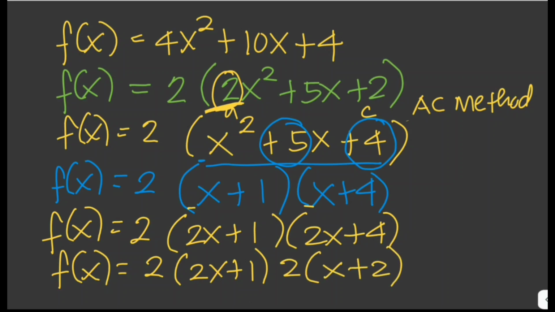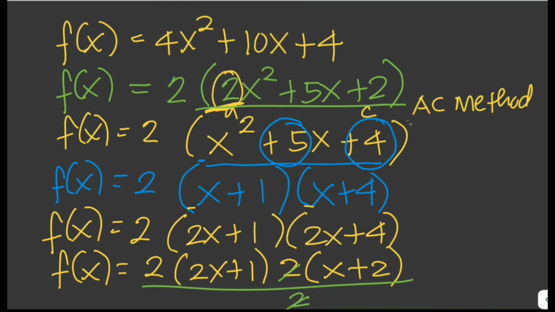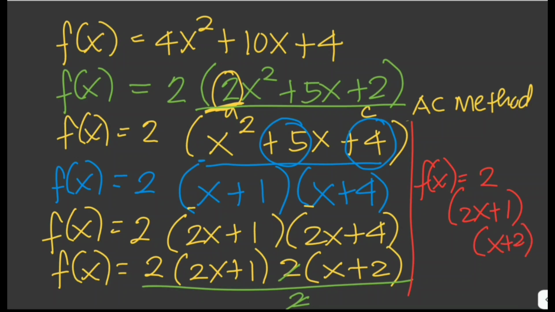And then we divide this by the original leading coefficient, which is 2. Then we cancel out 2 here, and we are left with f of x equals 2 times 2x plus 1 times x plus 2.